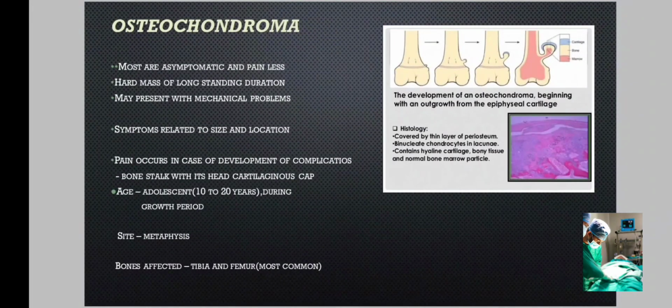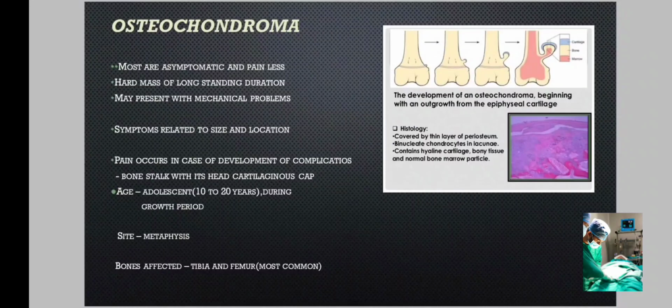Coming to the clinical aspects of this, most of the osteochondroma are asymptomatic and painless. We often see hard mass on long bones around the knee joint. These basically sometimes present with mechanical problems. The symptoms are usually less.